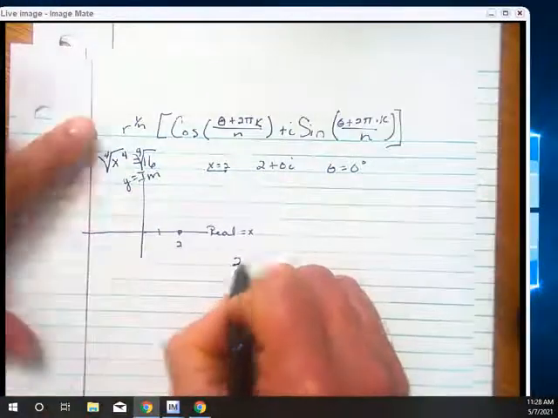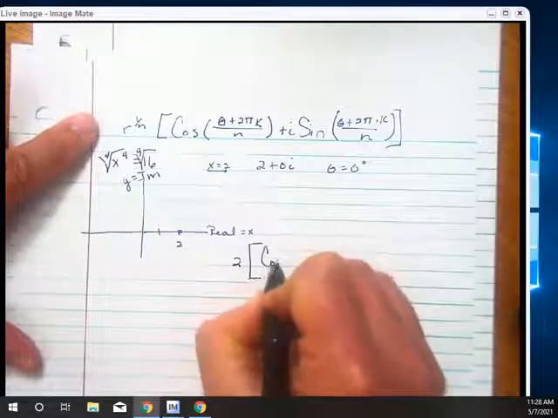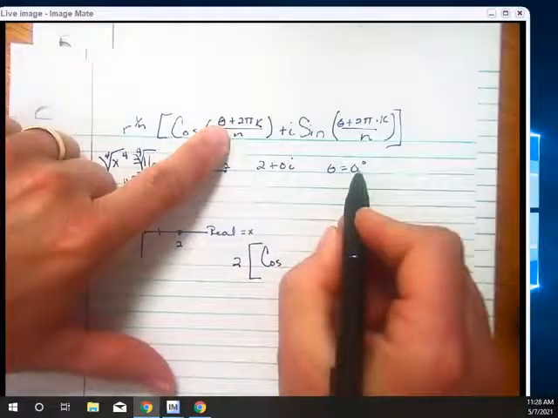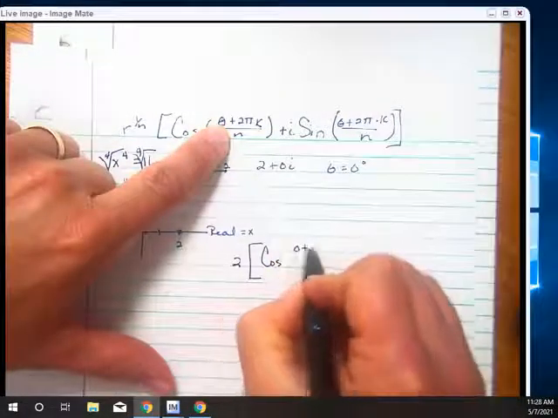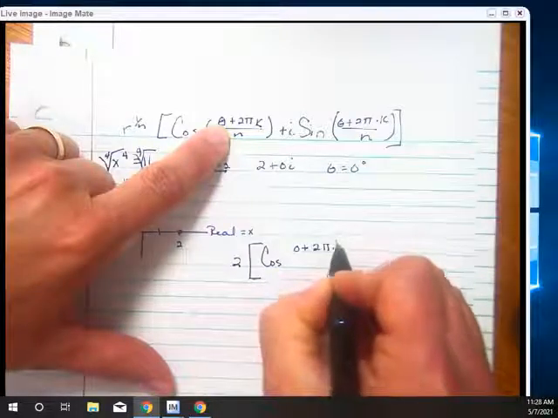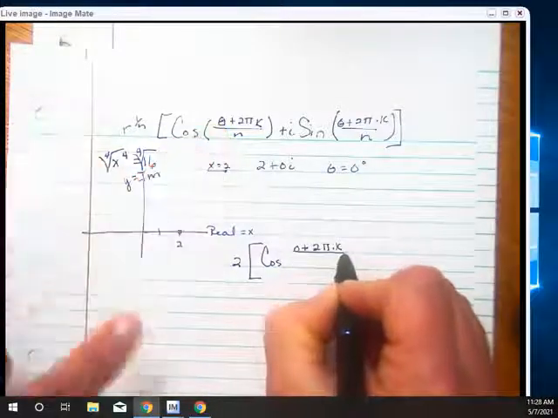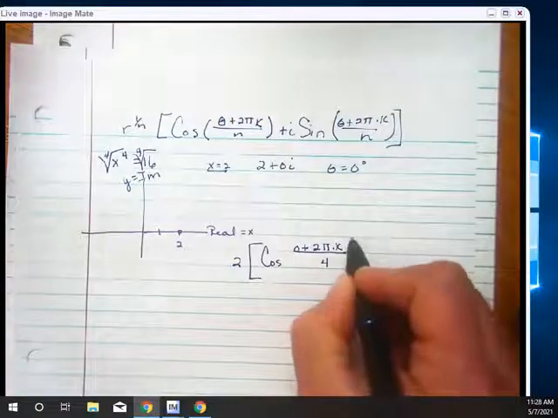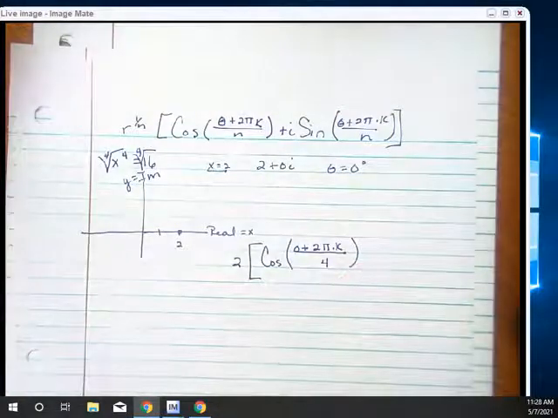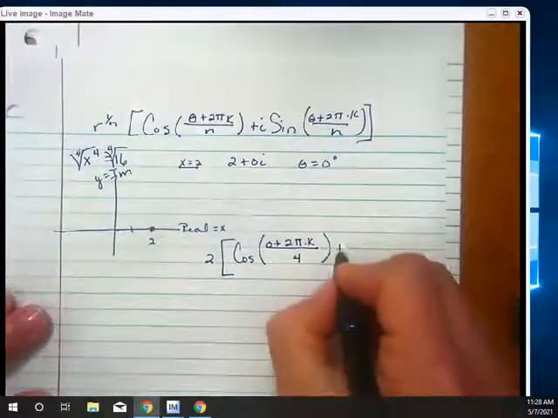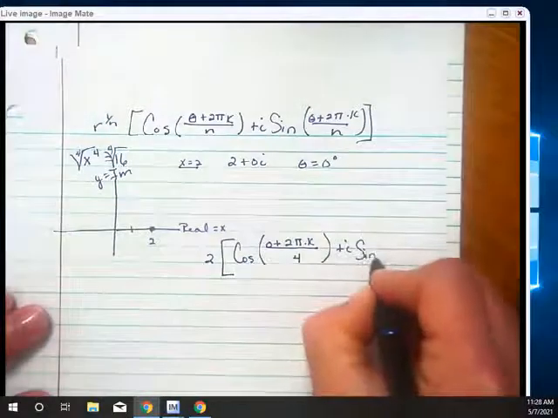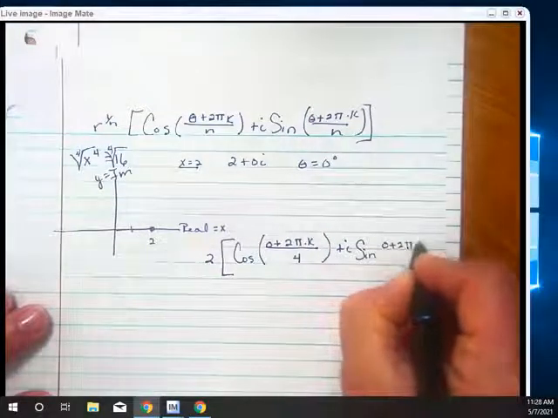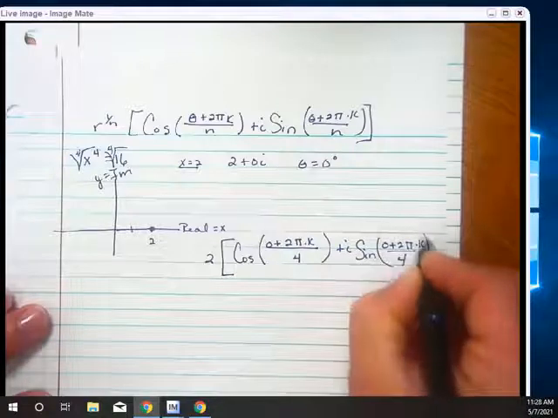We're going to start with 2, bracket, cosine of my angle 0 plus 2 pi k divided by, I'm doing the fourth root, so I'm going to divide by 4, plus i sine of 0 plus 2 pi k divided by 4.